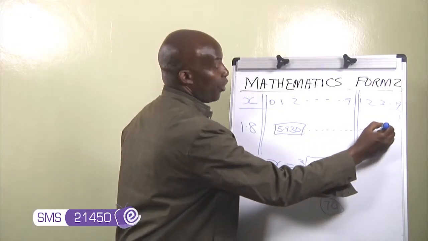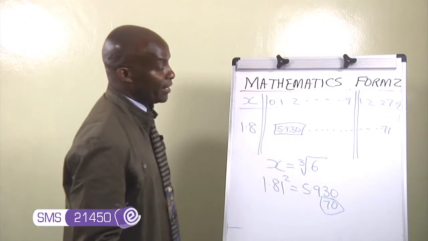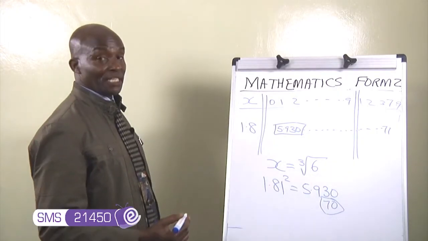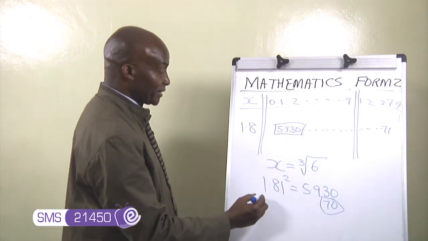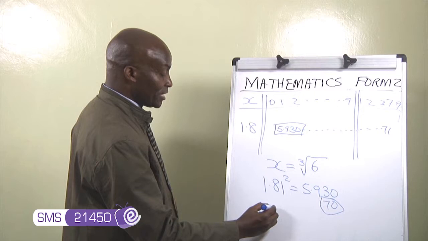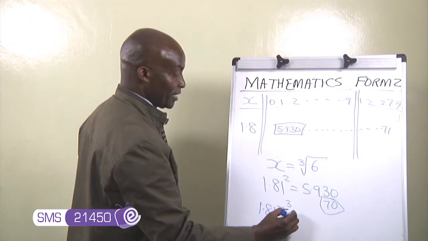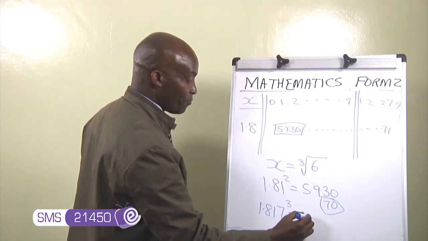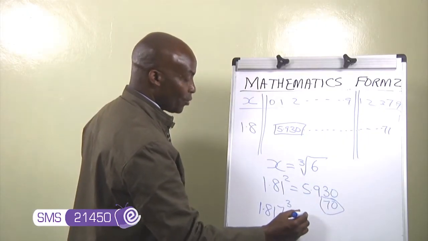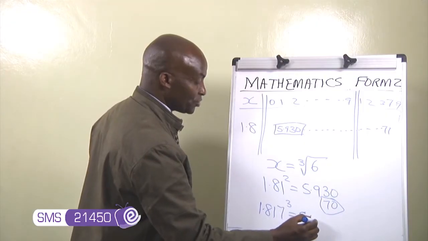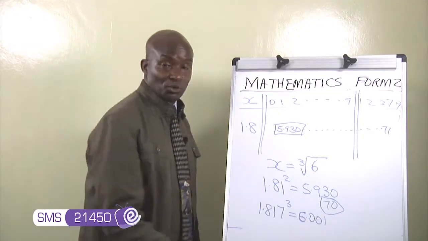So we opt for minor column 7. That is where we have 71. It's only an approximation, so we will be satisfied with 71. So we therefore say that 1.817 cubed gives us 5.930 plus 71, which you come to 6.001, which is approximately equal to 6.